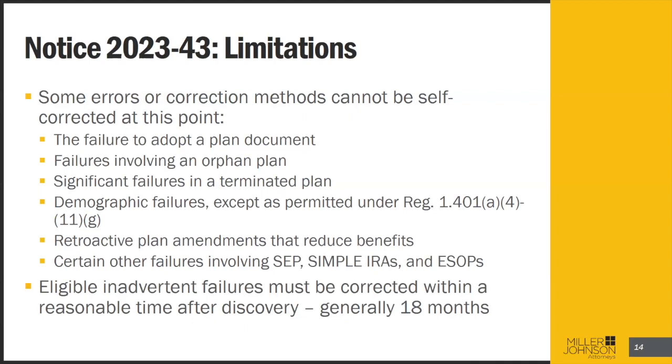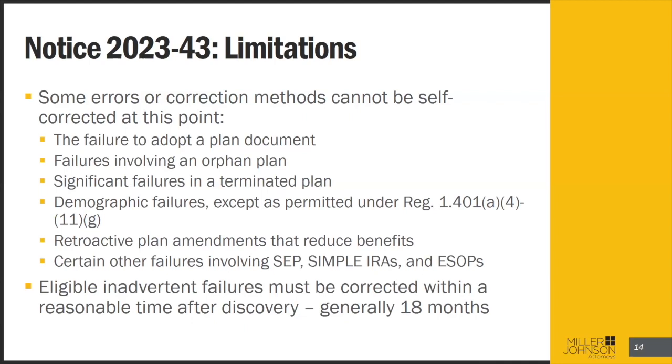You can self-correct that issue, but you have to act pretty quickly, which means you have to stop contributions to that plan within 6 months after you've realized the error and correct the documentation. So there's a little bit of a shorter window there.